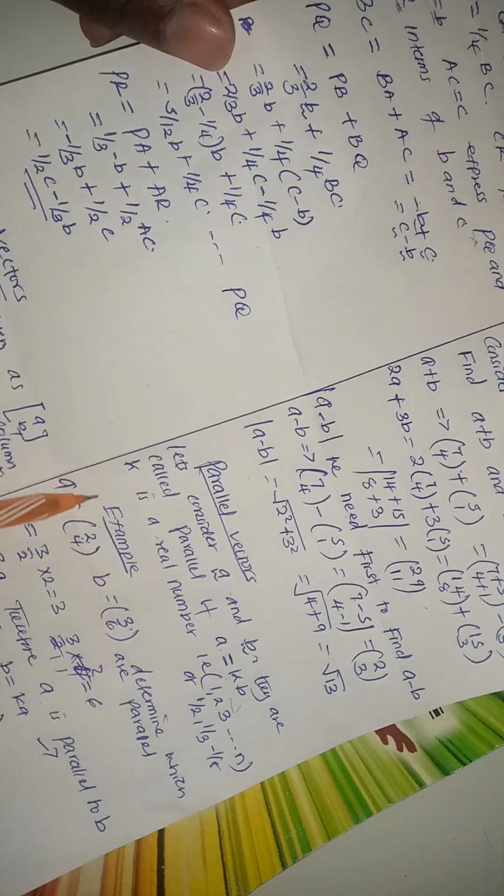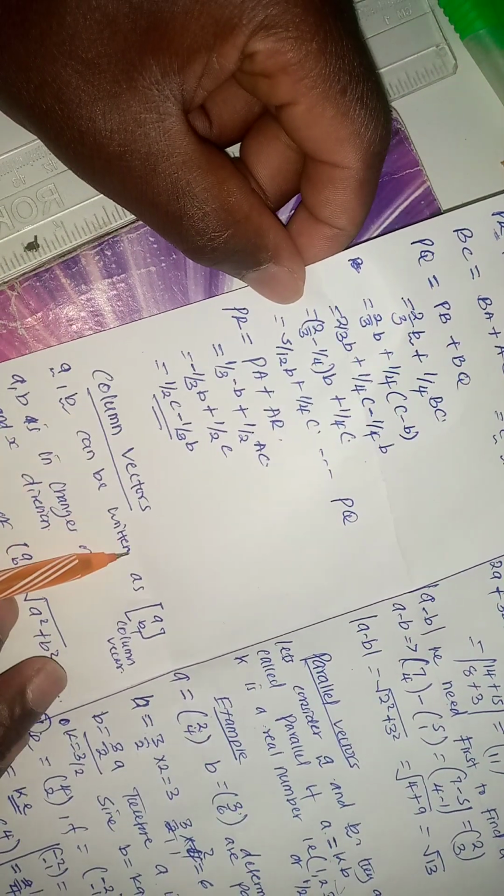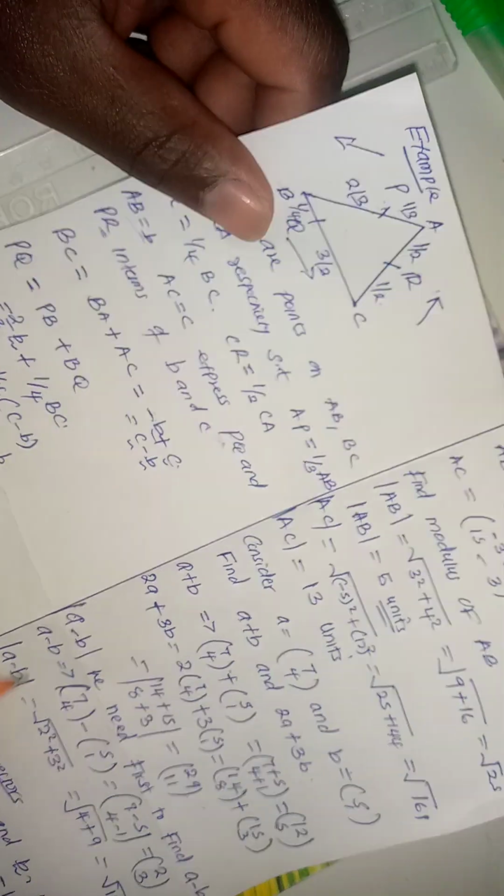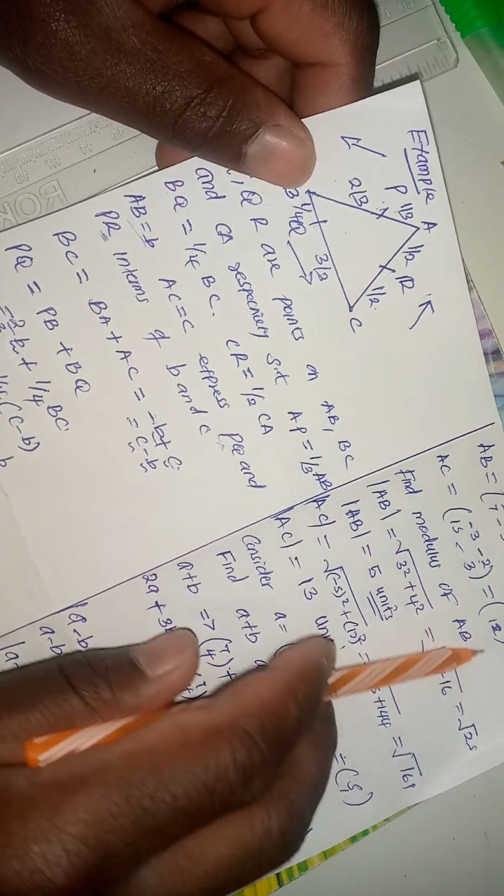We have seen how we can solve all this. Also, we have seen how to solve column vectors and how to find the modulus, and so forth. Next, we can look at the midpoint theorem.